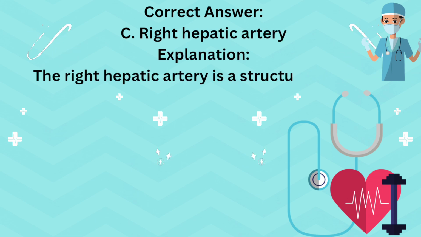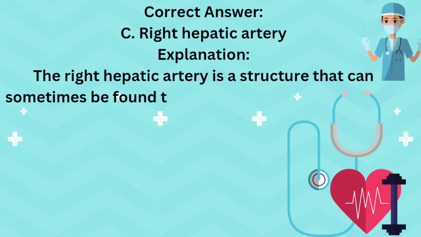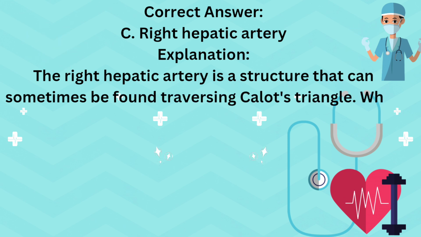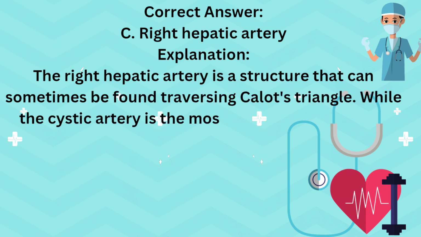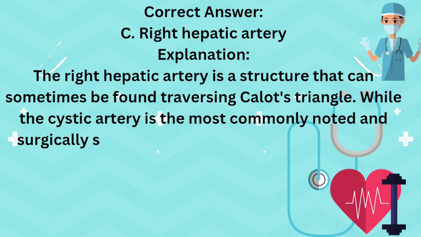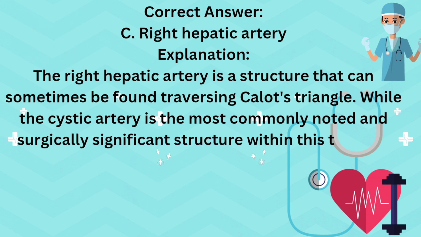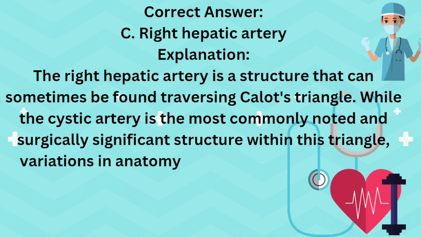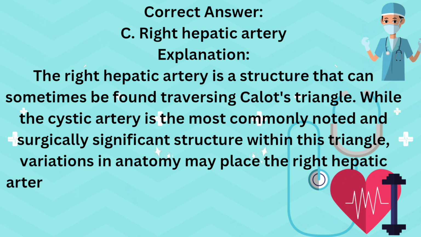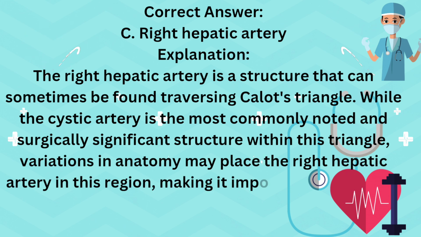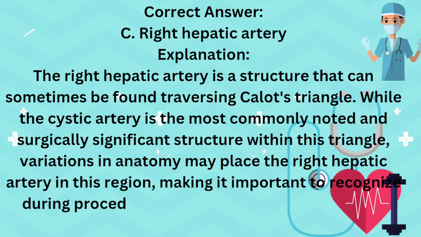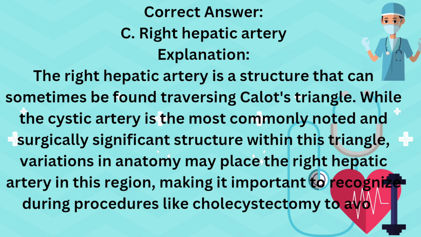Explanation. The right hepatic artery is a structure that can sometimes be found traversing Calot's triangle. While the cystic artery is the most commonly noted and surgically significant structure within this triangle, variations in anatomy may place the right hepatic artery in this region, making it important to recognize during procedures like cholecystectomy to avoid injury.